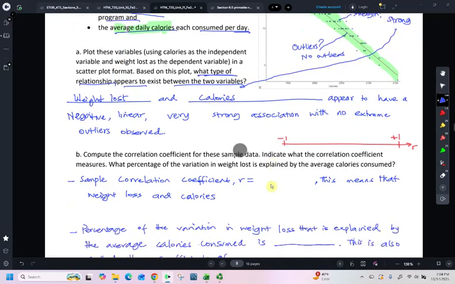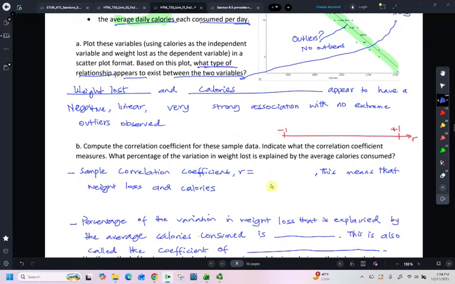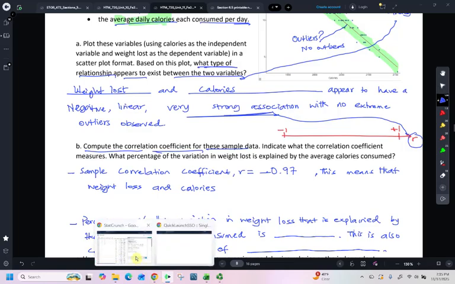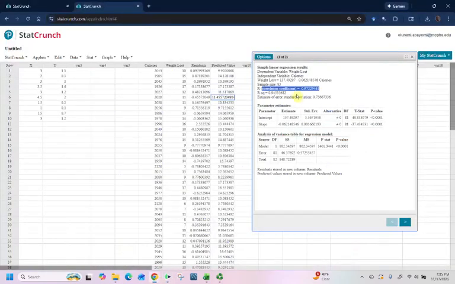Then part B, pertaining to the very strong, how do we know that? We can use our R to get a numerical measure or a numerical statistic by computing the correlation coefficient for this sample data, which we got to be negative 0.97 from our earlier analysis here.